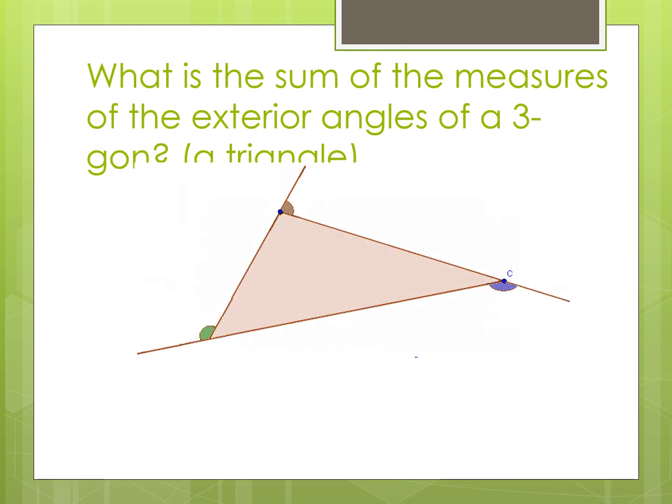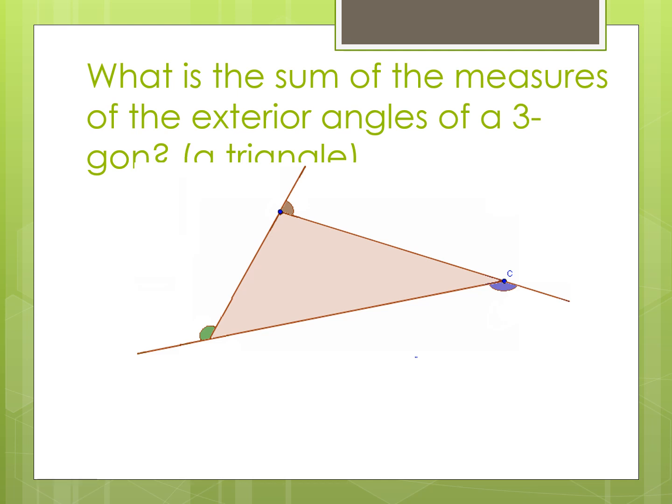What is the sum of the measure of the exterior angles of the three-sided polygon? As I said, when we talk about the exterior angle of a certain polygon, it should form a linear pair. So this is the interior, this is the adjacent, what we call its exterior.